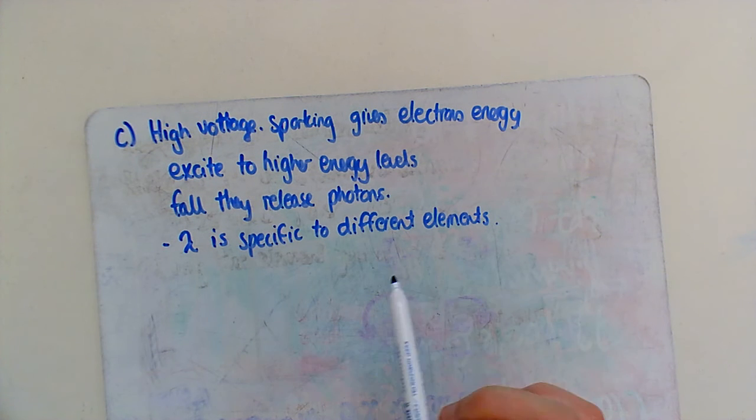And the reason why the wavelength is going to be specific is because based on the charge of the nucleus, the energy level values for each atom are going to be different, and if the energy level values are different, the energy transitions between energy levels is also going to be different for different elements, allowing you to tell them apart.